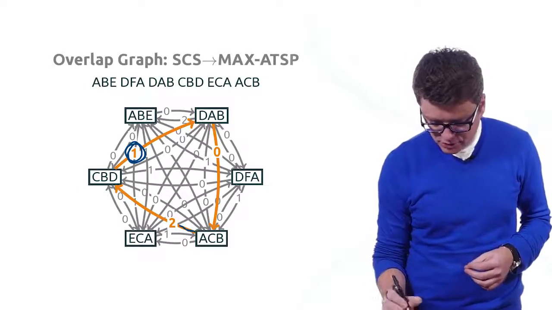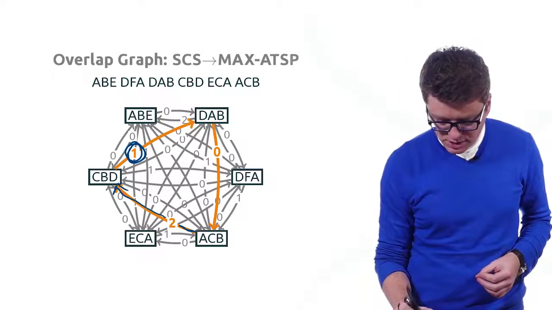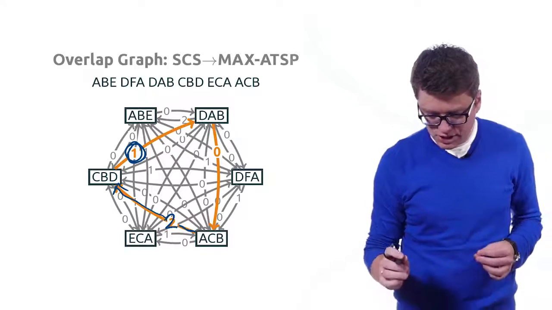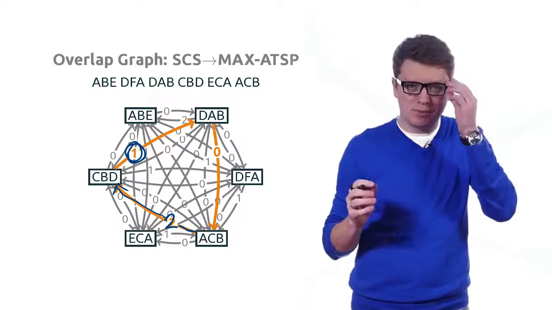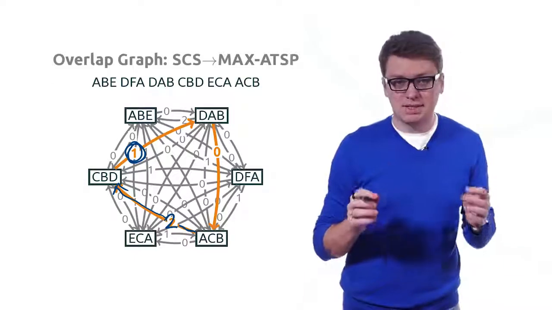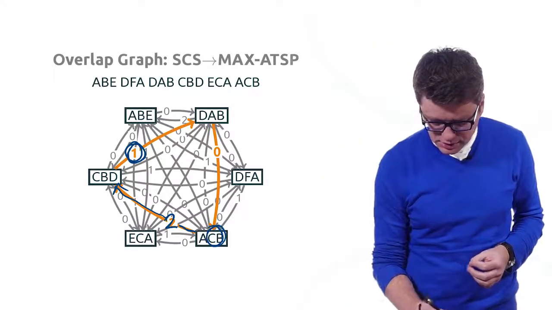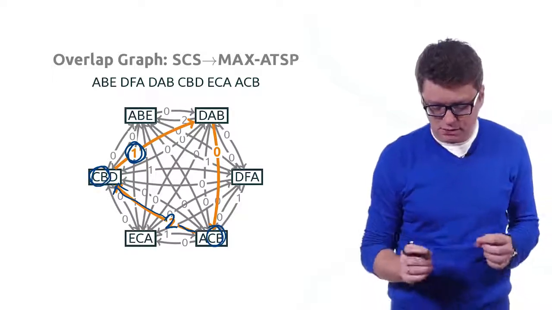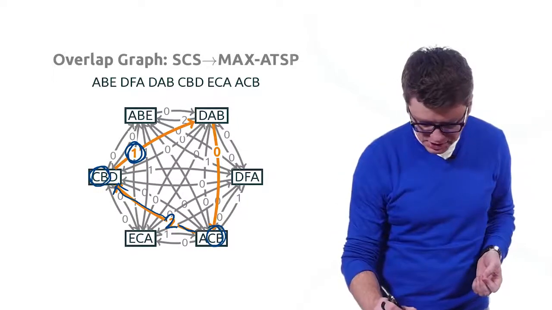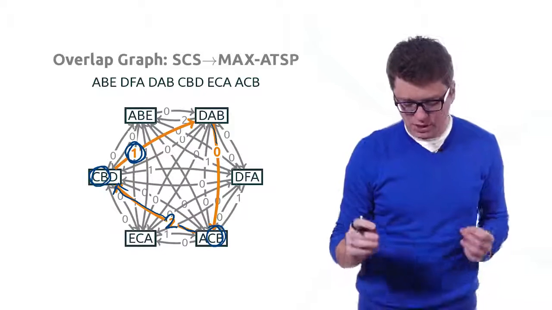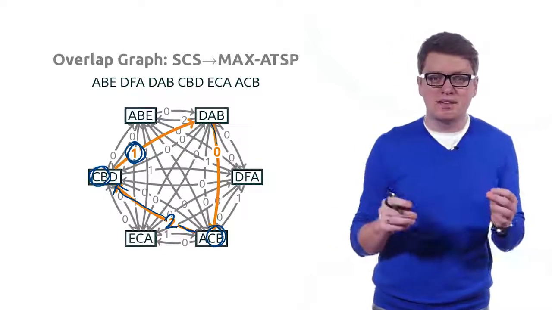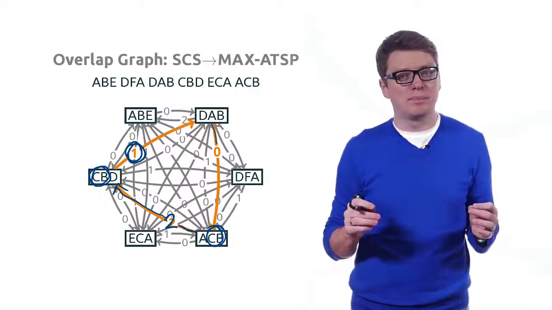On the edge from ACB to CBD, we put 2. This just reflects the fact that the overlap from ACB to CBD is equal to 2, just because the suffix CB is equal to the prefix CB of the second string. On the other hand, here we put 0 from DAB to ACB because they do not have any non-trivial overlap. Okay?